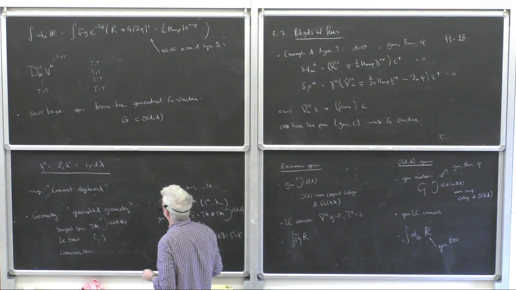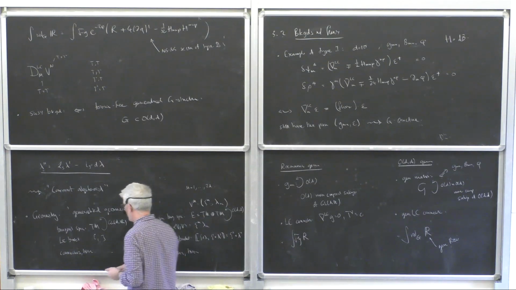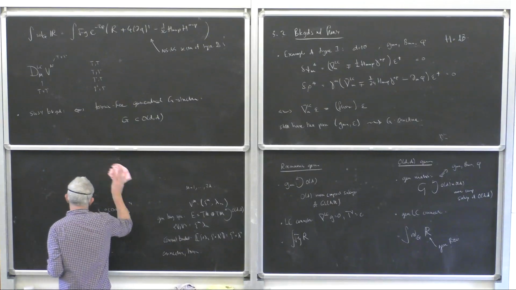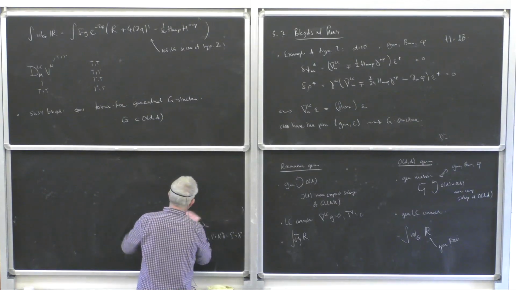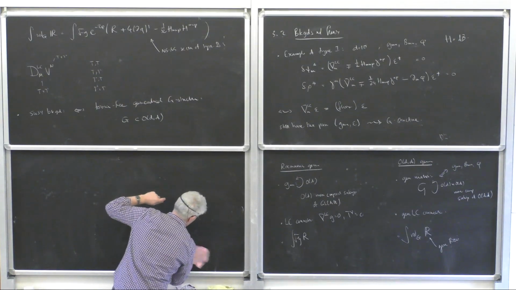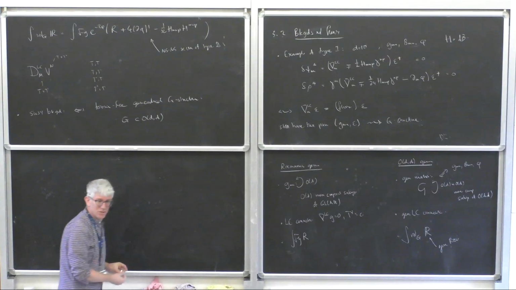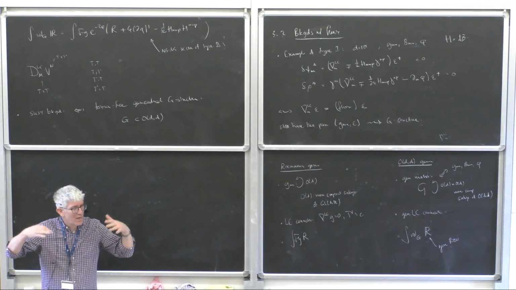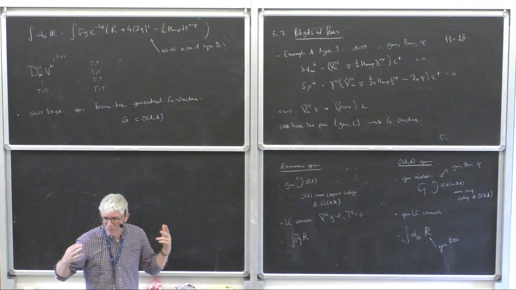So you can ask, but this only does it for the metric and B field and dilaton, right? If I was in 11 dimensions, what do I do then? Or what if I have the other fields of type 2, the Ramond-Ramond fields?